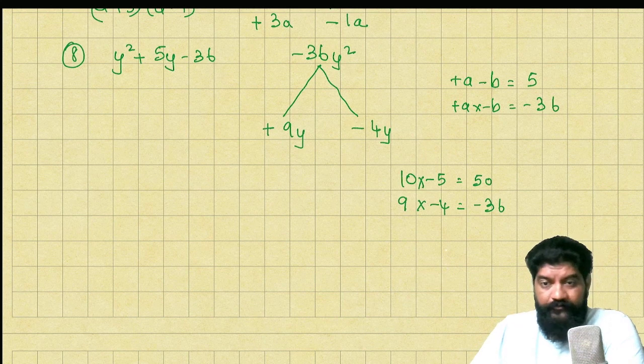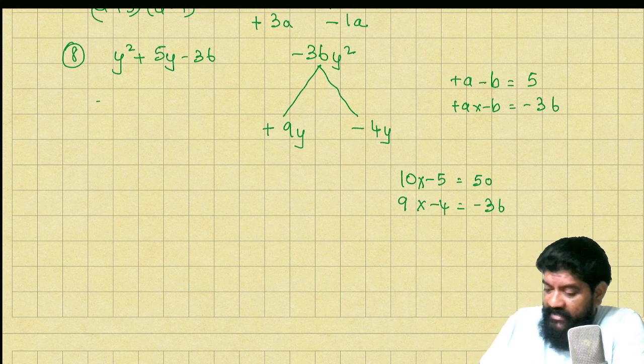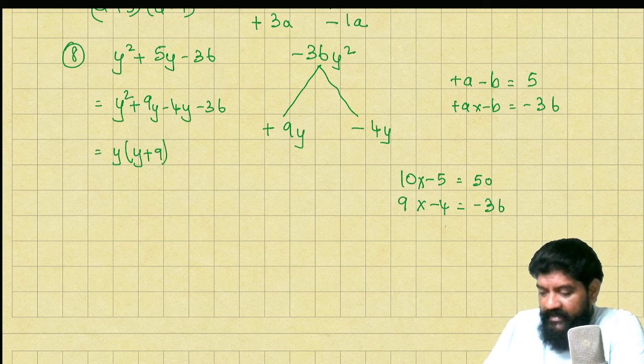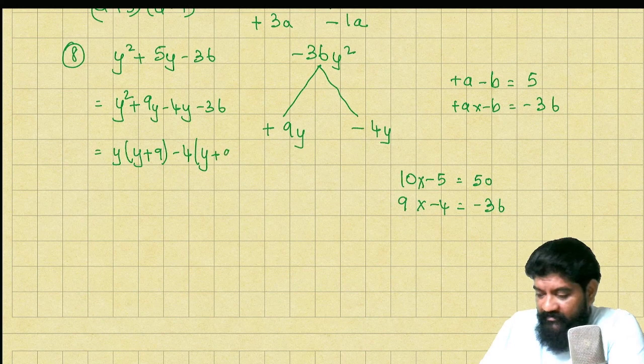All right, so this is now going to be equal to y squared plus 9y minus 4y minus 36. Now from the first two terms we have a y common out. I'll remain with the y plus 9, and from the next two terms I'm going to take a minus 4 common out. I'll remain with the y plus 9.